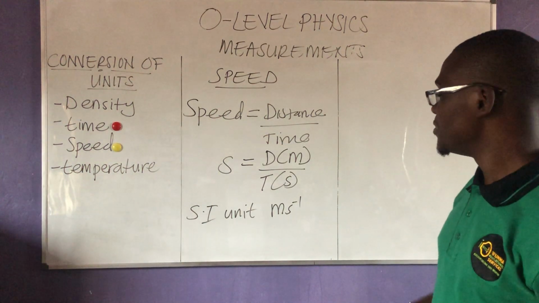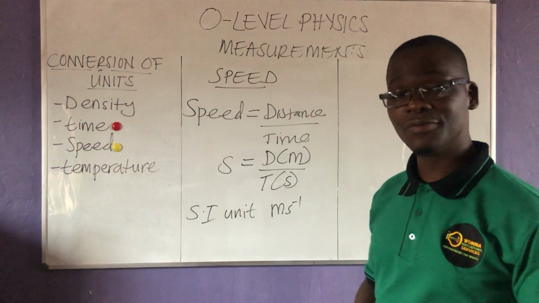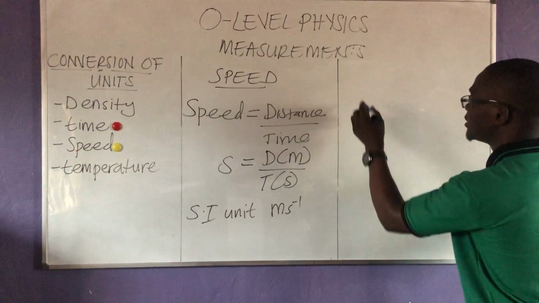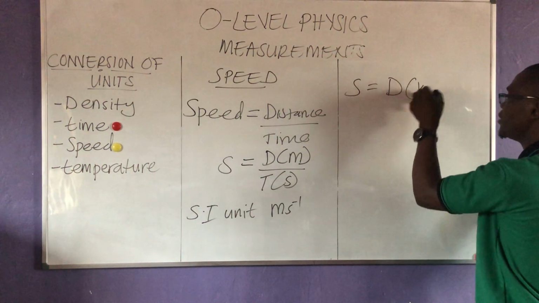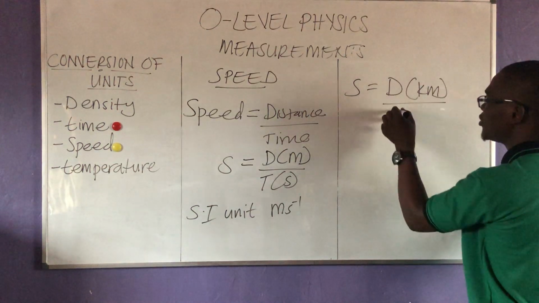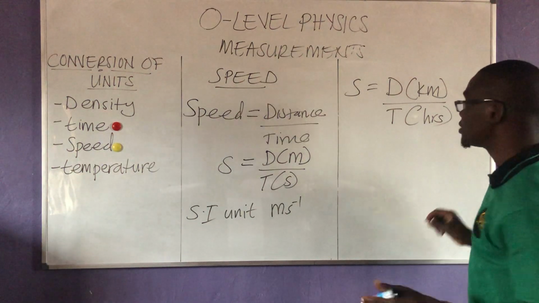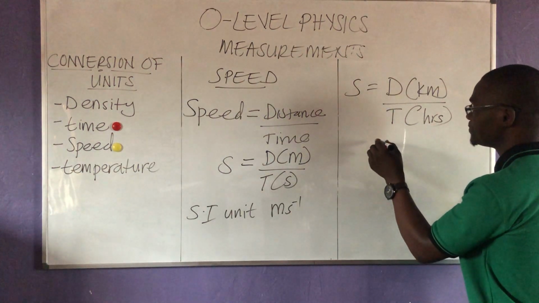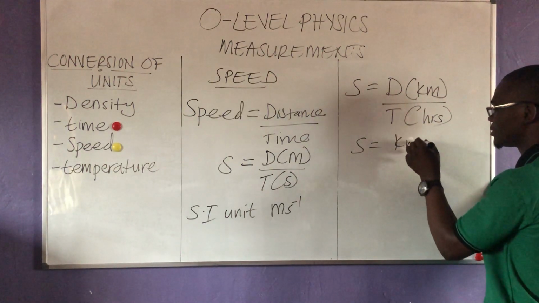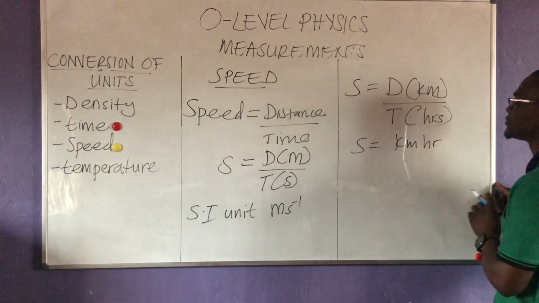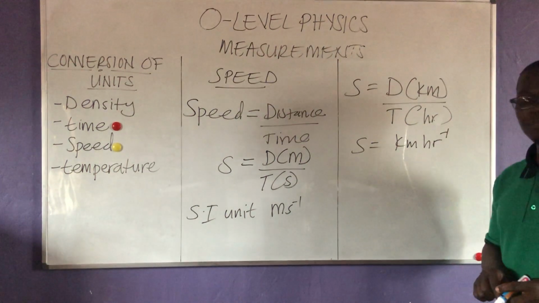However, besides these units, we also have other units of speed. If we measure distance in kilometers and time in hours, we shall have our speed as kilometer per hour. That will be our unit of speed.